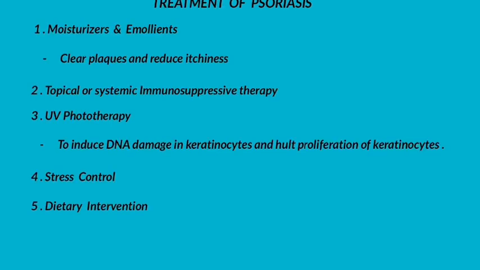Treatment of psoriasis consists of moisturizers and emollients to clear plaques and reduce itchiness, topical or systemic immune suppressive therapy, UV phototherapy to induce DNA damage in keratinocytes and halt their proliferation, stress control, and dietary intervention.